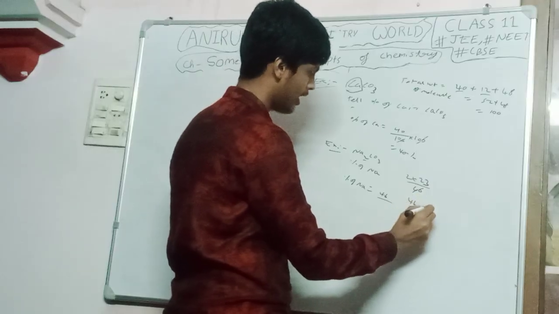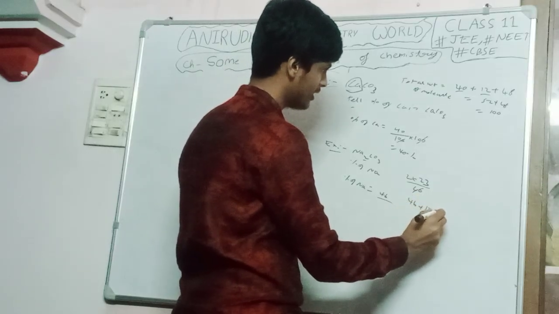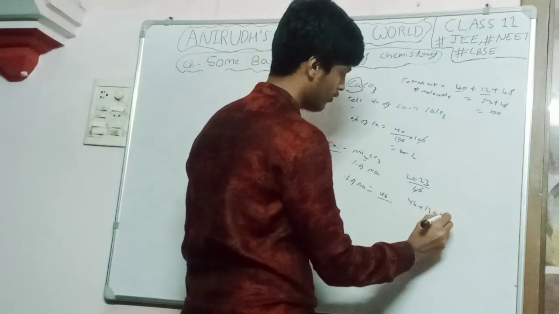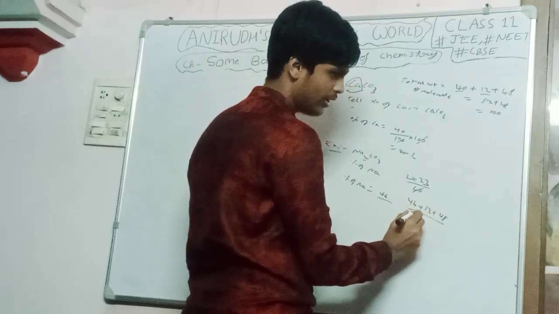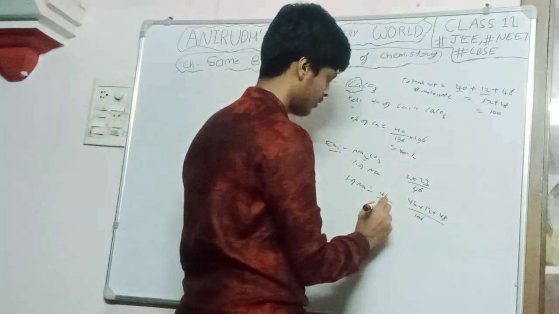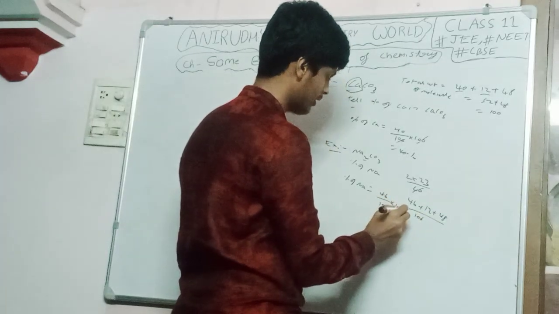46 plus carbon 12 plus oxygen 3 into 16, which is 48. 48 plus 12 is 60, plus 46 is 106. 46 by 106 into 100, you do this calculation.